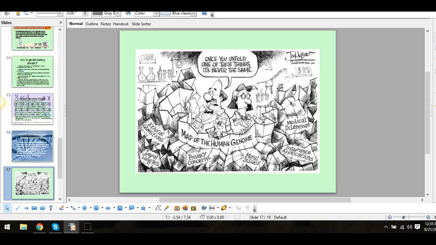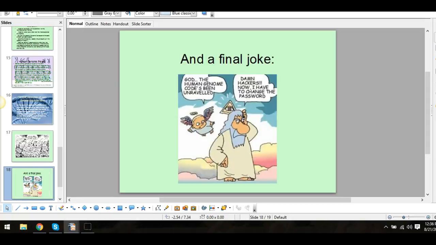And the man says, once you unfold one of these things, it's never the same. There are subtitles on that piece of paper that say, for example, ethical questions, legal tangles, privacy concerns, moral issues, medical dilemma, or insurance applications. That's all the questions and issues that the Human Genome Project may raise.